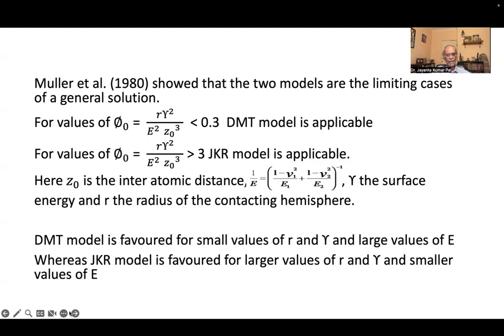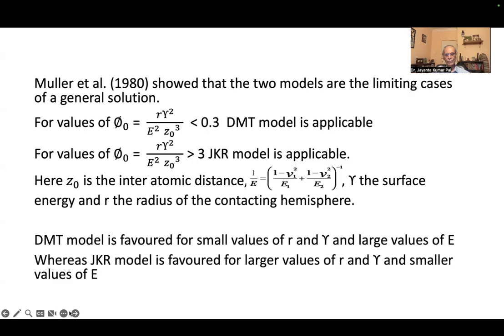So this means that these two models are not different in any way. They apply for two different ranges of materials. So the DMT model is favored for small values of R. That means the contact radius is small and gamma is small. Obviously, you can see that in the first equation, phi naught is equal to R gamma square by E square Z naught cube.